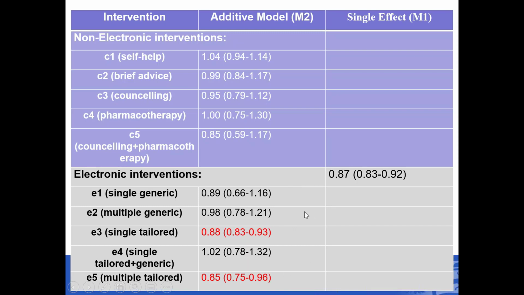So this is suggesting to us that yes, these types of interventions are effective, and the thing that's most important is that you use tailored components to these interventions, tailored to the individual.